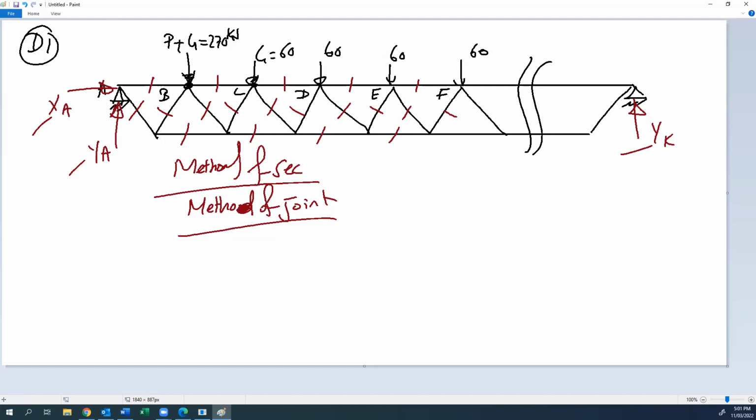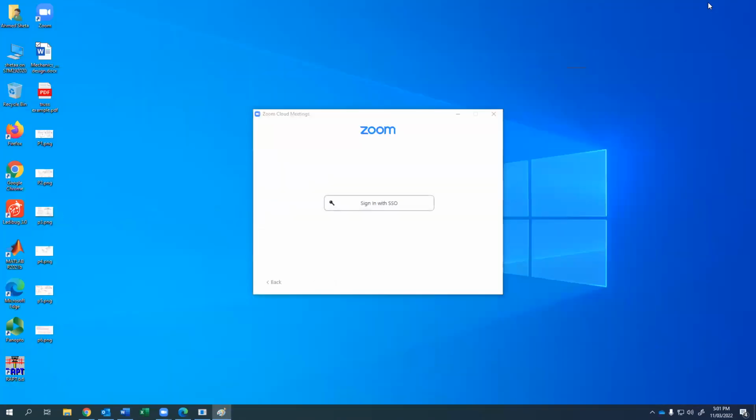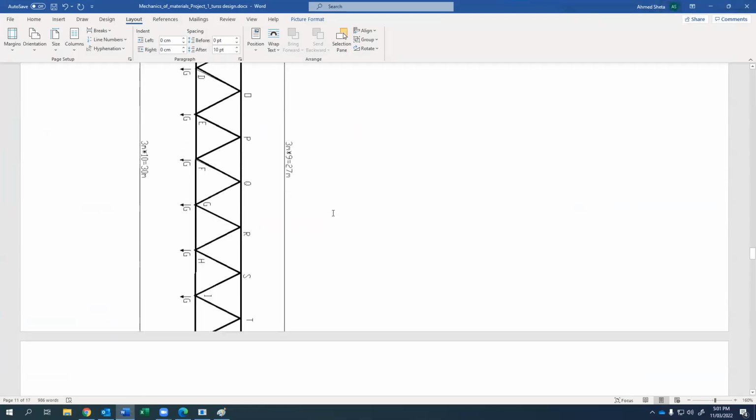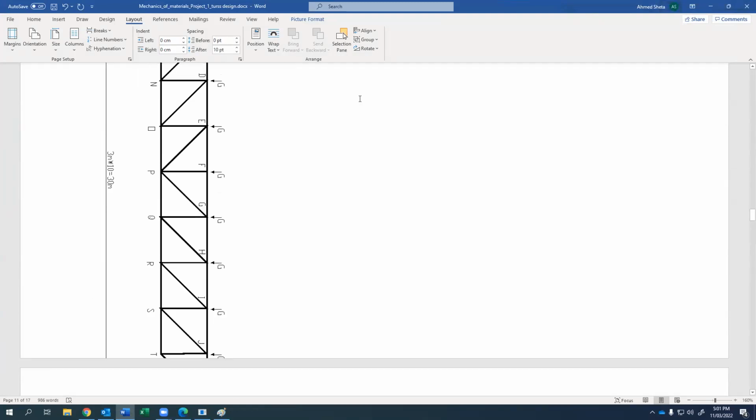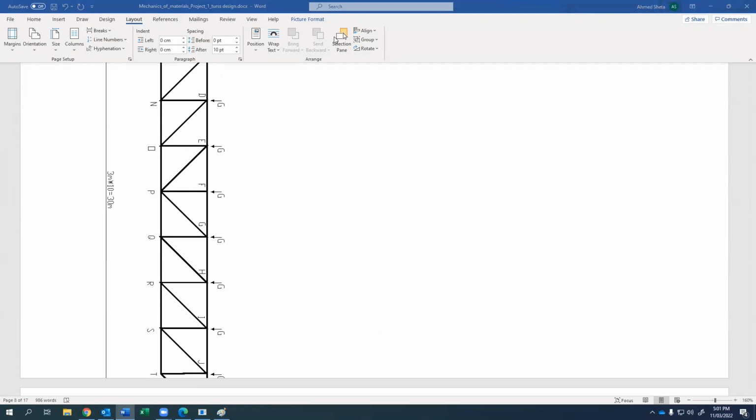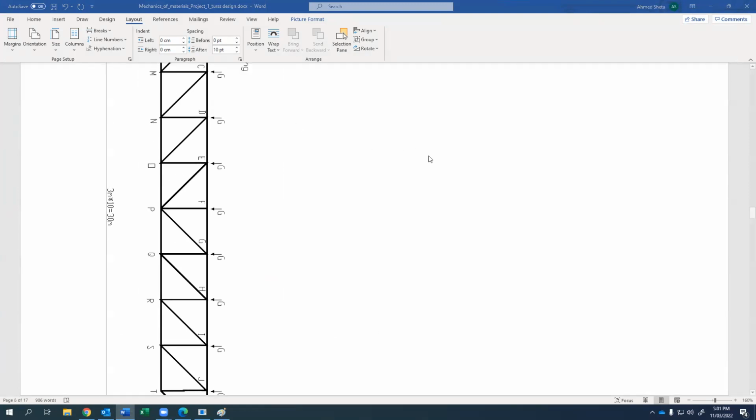If I will return back to the project description. Can you see it? Can you see the group description now?